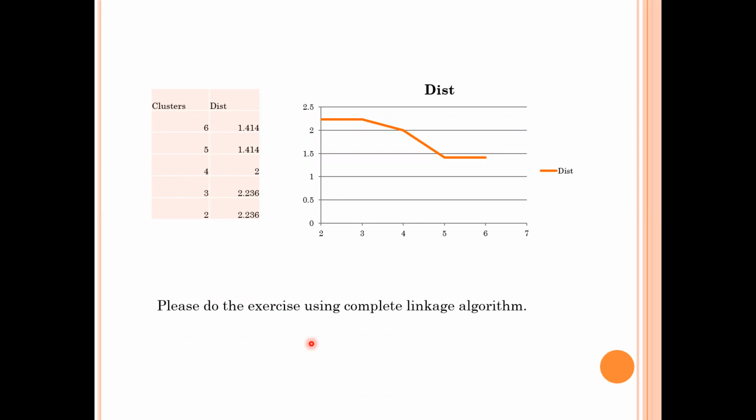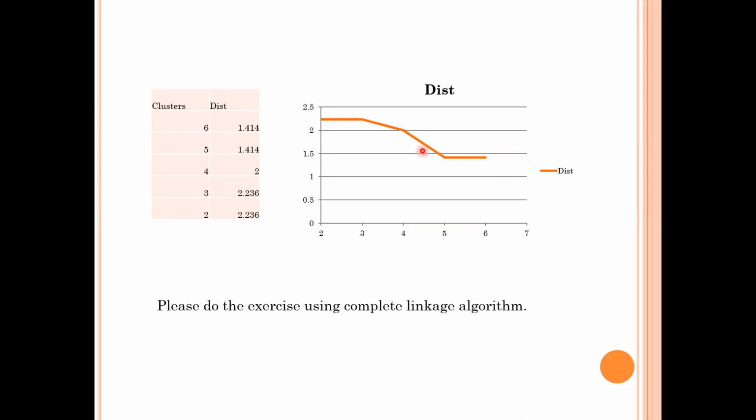And then we look for this kind of an elbow. You see, what does this elbow mean? It means that if I have more than five clusters, then the values are quite different. If I have less than five clusters, then the within-cluster values are more or less similar.